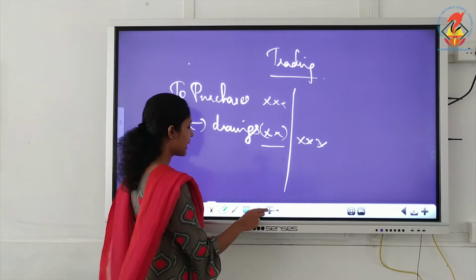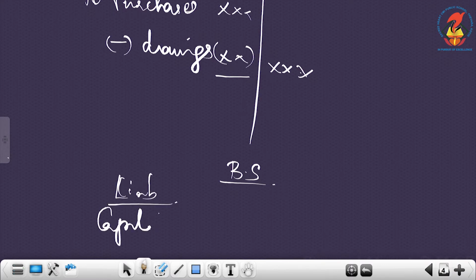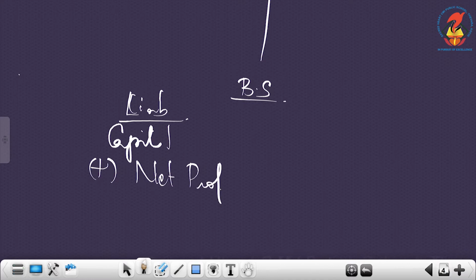Understood? Then later you have to show this in the balance sheet, not in P&L. That effect you know already. On the liability side, capital, we will write add net profit less drawings.